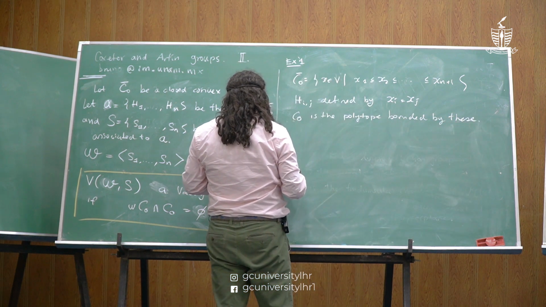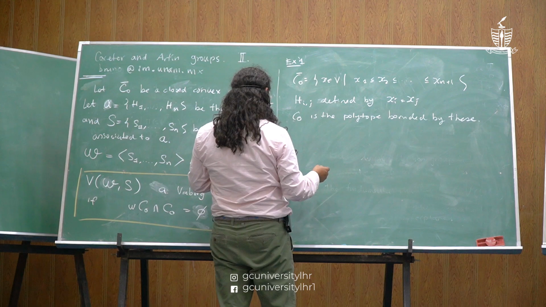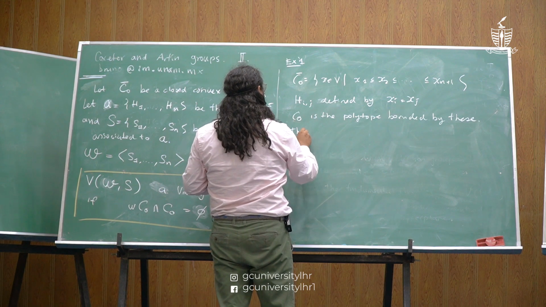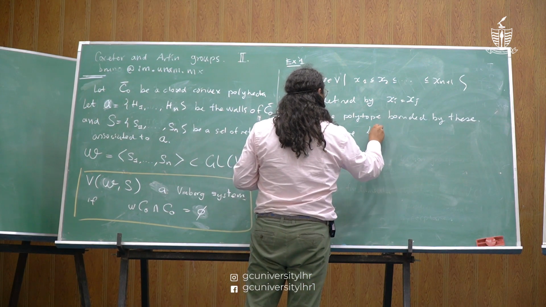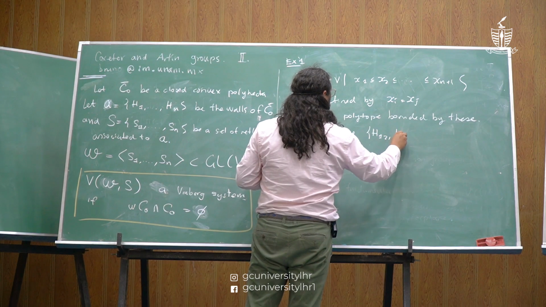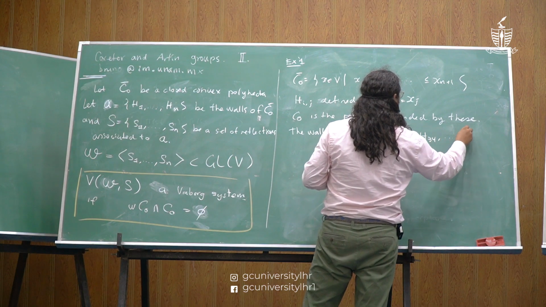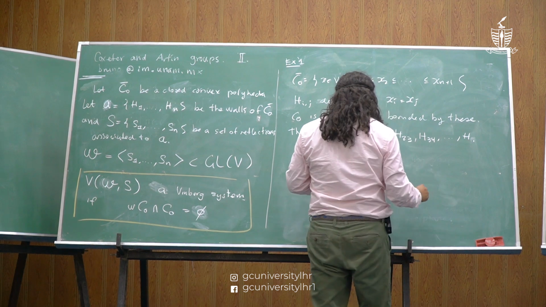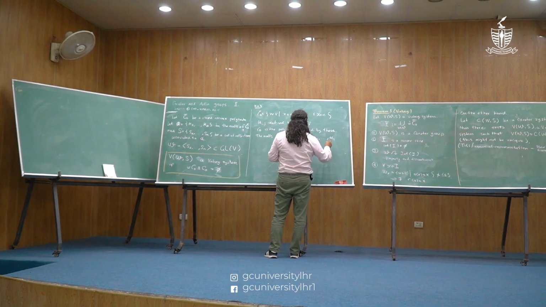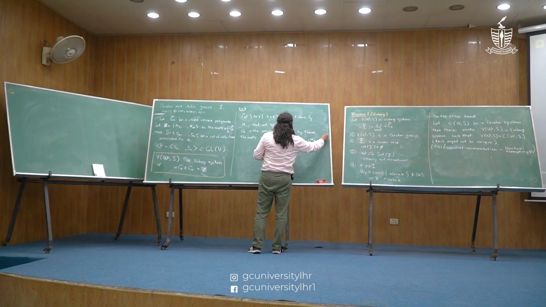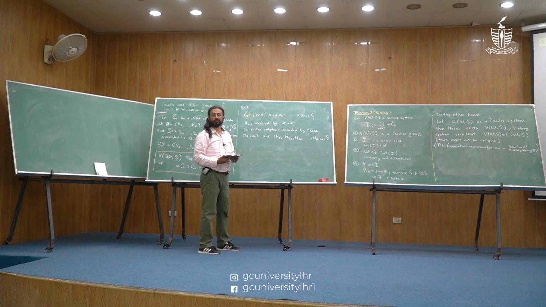Okay? And so the walls are H1,2, H2,3, H3,4, H4,5, up to Hn,n+1, I suppose. So here you can see already that these are the transpositions that we are looking for, right?